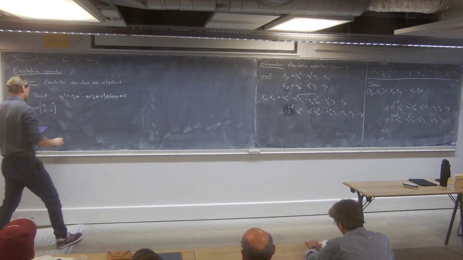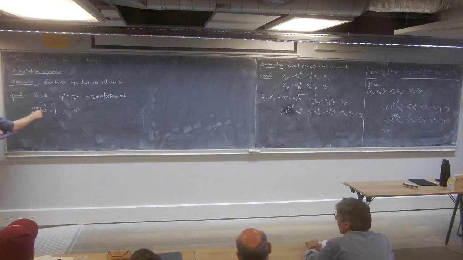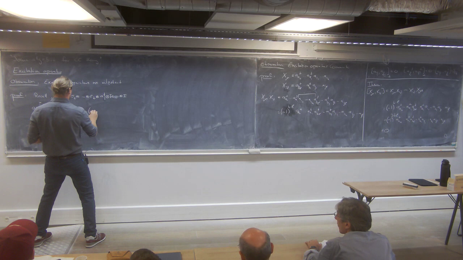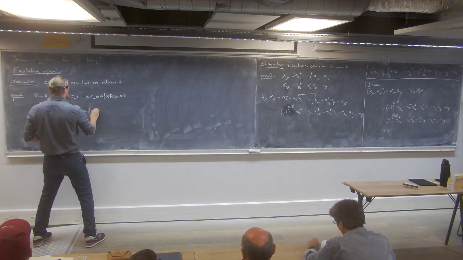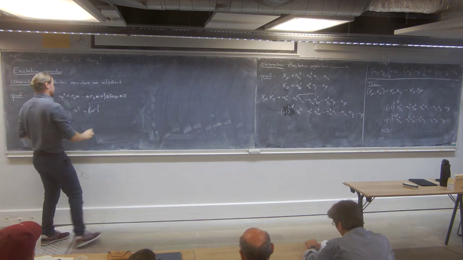We note that if we take A squared, we get the 0 matrix, and we get the same if we take the transpose squared.